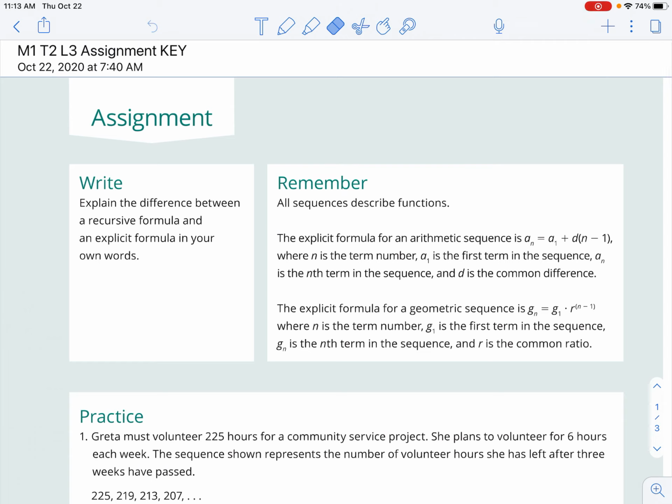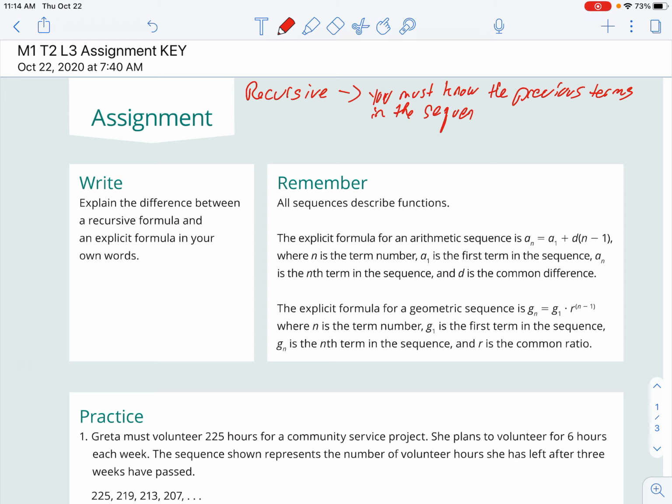All right, so for the recursive formula, I'm going to write it up at the top here. For a recursive formula, the thing is, you must know, all, I shouldn't say all, but you must know the previous terms in the sequence.